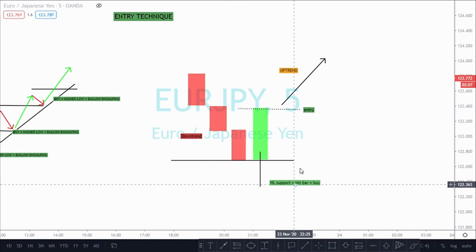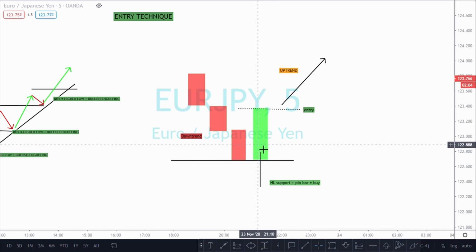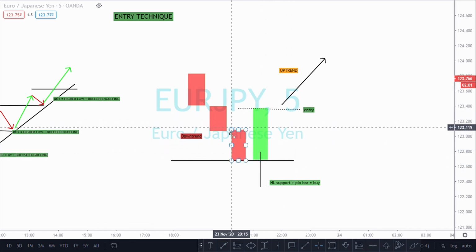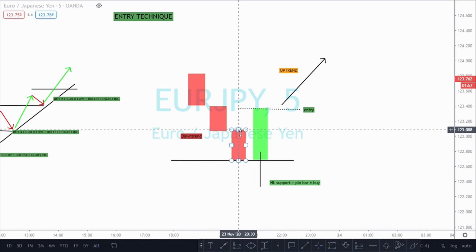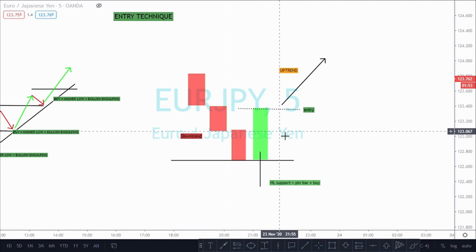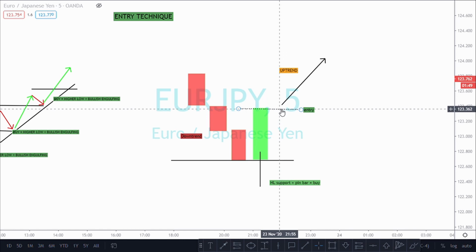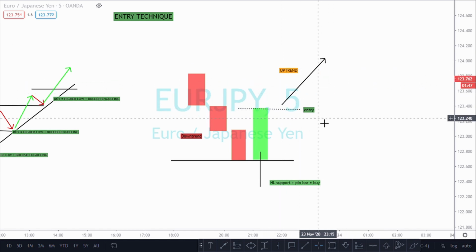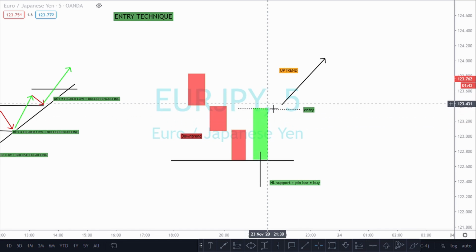So it's a pin bar plus an engulfing. I don't want to complicate it, but basically the bullish covers everything, wick, everything. You see me? So now I'm going to do the entry right here and then just continue to the uptrend. So that's the move from a downtrend to an uptrend.